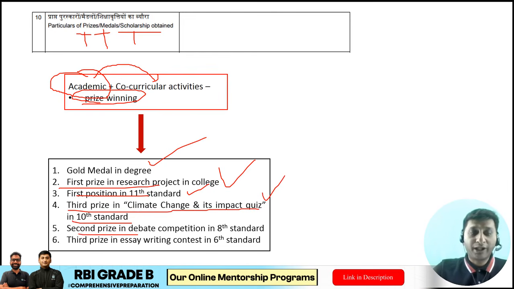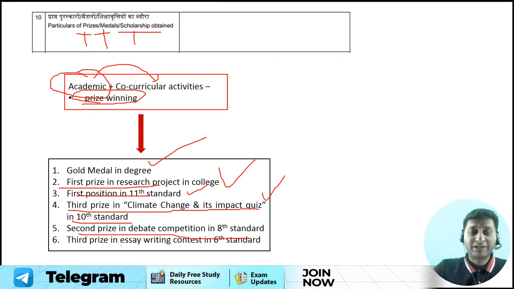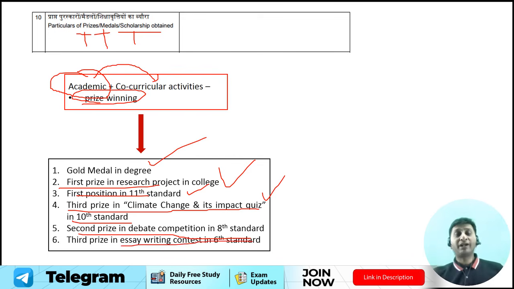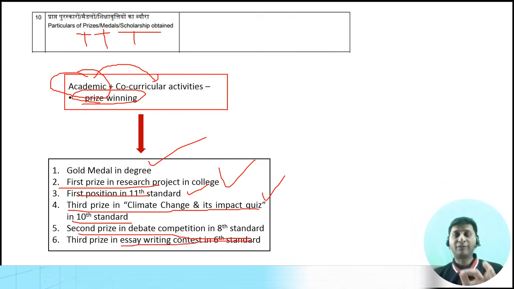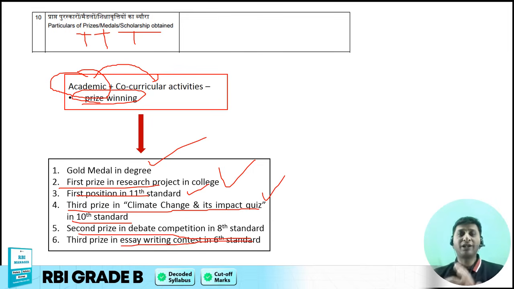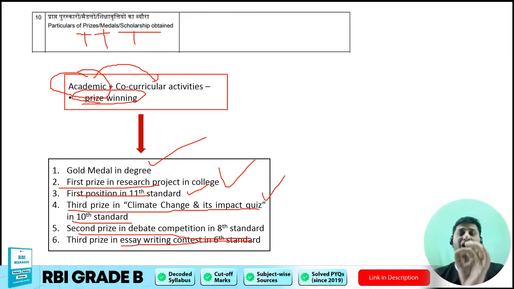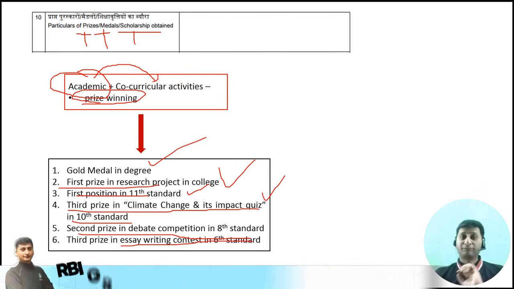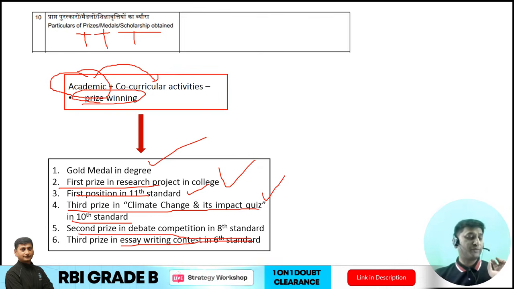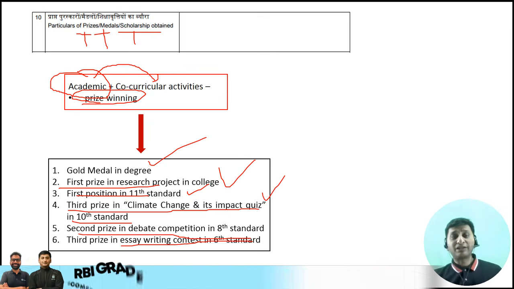Second prize in a debate competition, co-curricular but intellectual. Third prize in essay writing in sixth standard, co-curricular but intellectual. So here either academic or something intellectual related to academic, but avoid things like dancing, singing, etc. because there is a separate column for that. So here please write it very carefully because many people when they fill this column, they are mostly not writing about the prizes, medals, or scholarship.